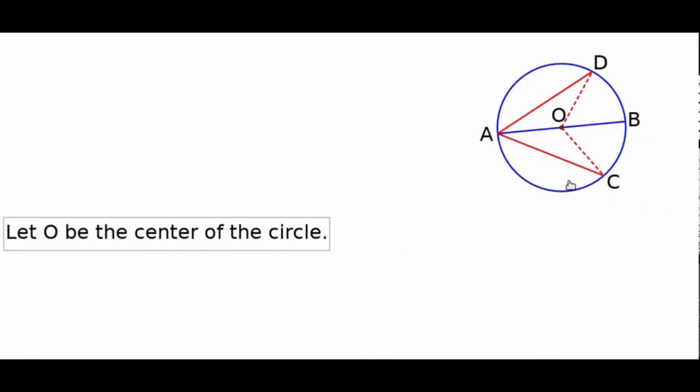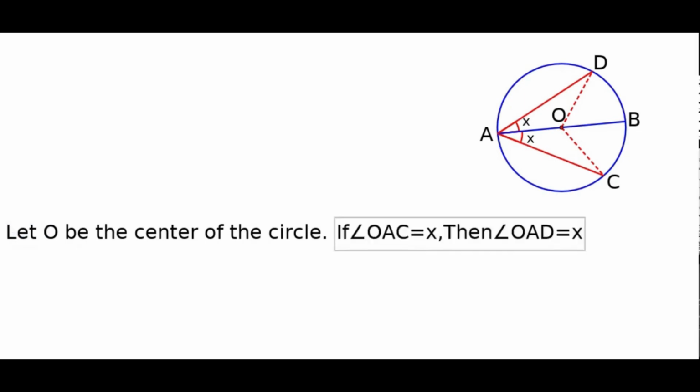Angle OAC, the inclination, if that one is x, this one is also x. These two angles are equal. If we suppose this angle OAC is x, then the other angle is also x, because it is said in the question like that. So if angle OAC is equal to x, then angle OAD is also x.